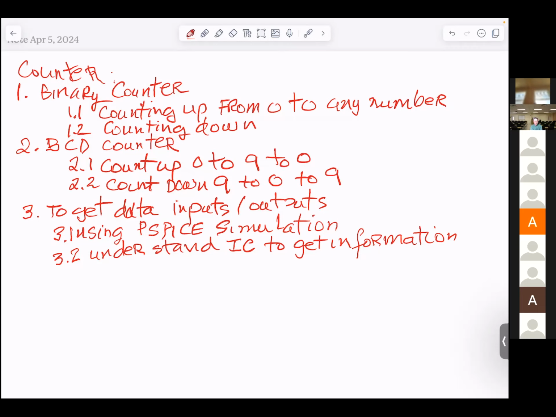What you can do is try to understand the input and the output from the information of the IC. So that is the basic for the digital lab. Okay, so do you have any question or anything?